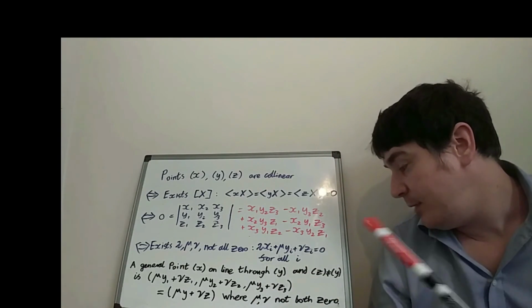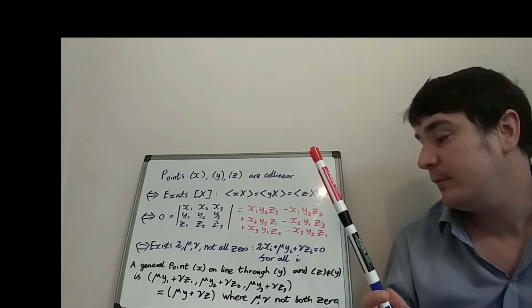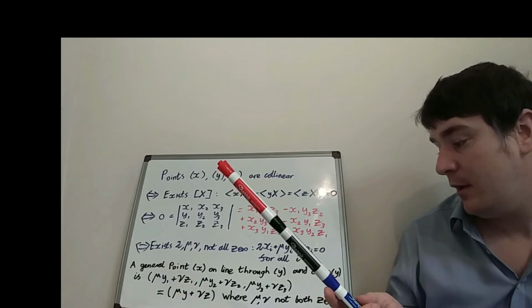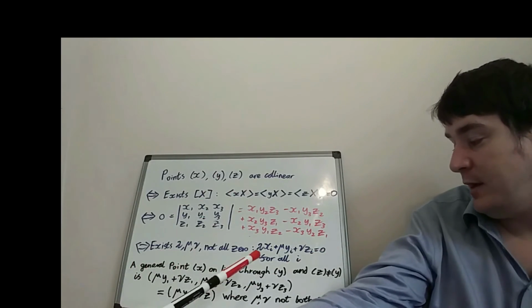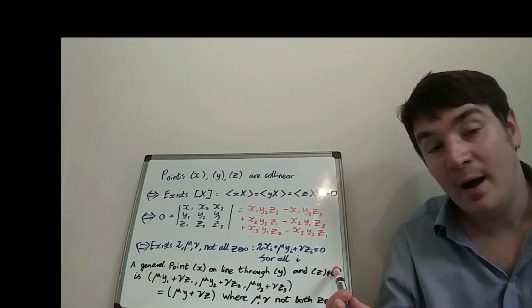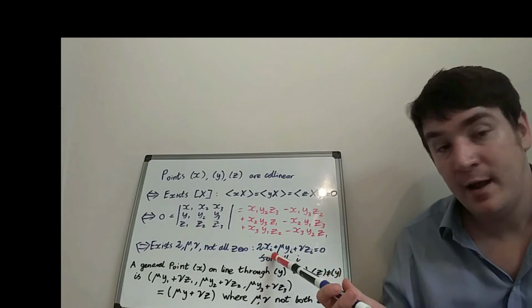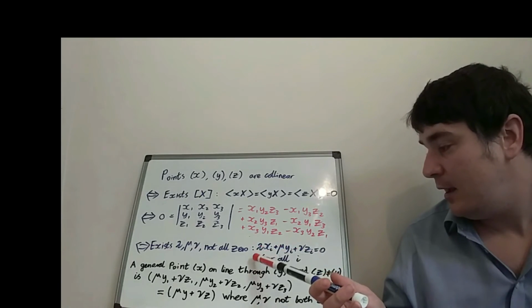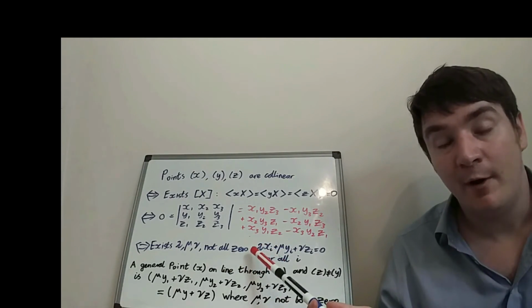So let's say we have a pair of points y and z. A general point that's in line with these, provided that y and z are distinct, is, if we look at this expression here, essentially equivalent to the condition that lambda is not equal to 0.